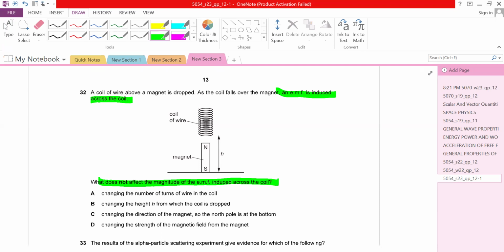Okay, let's read out the options. Option A says changing the number of turns in the wire in the coil. Yes, it affects the EMF. Then changing the height. No. Changing the direction of the magnet so the north pole is at the bottom.